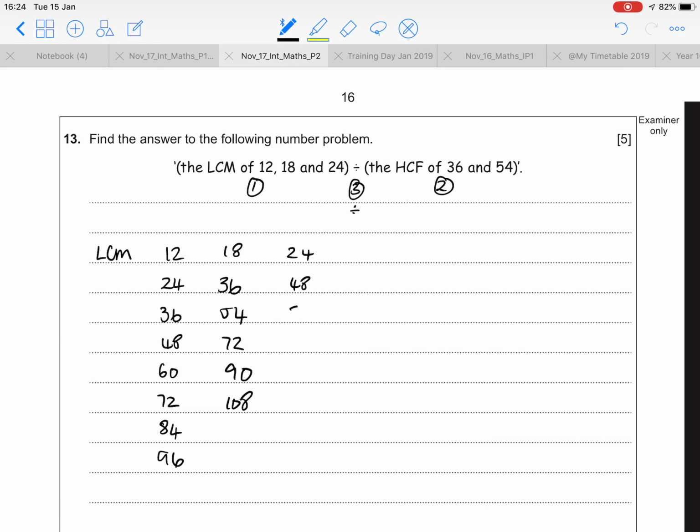So I'm just going through these on the calculator because it's a calculator question. And I'm not going to do many more because I think I've spotted a common multiple.